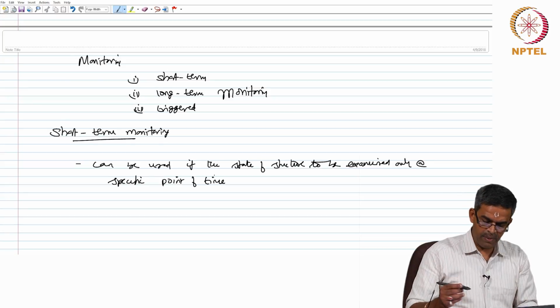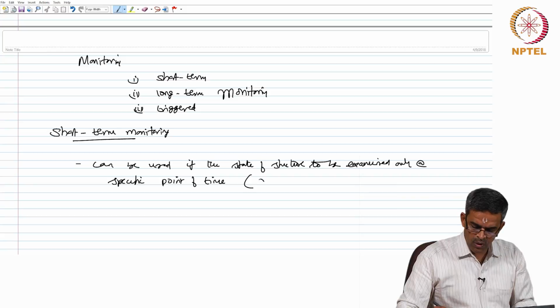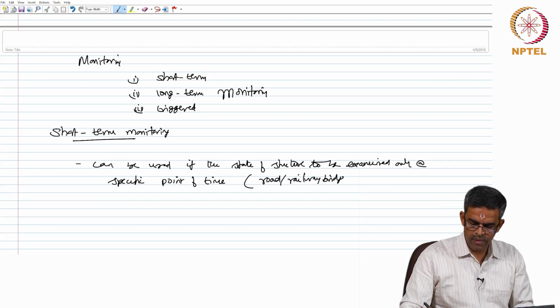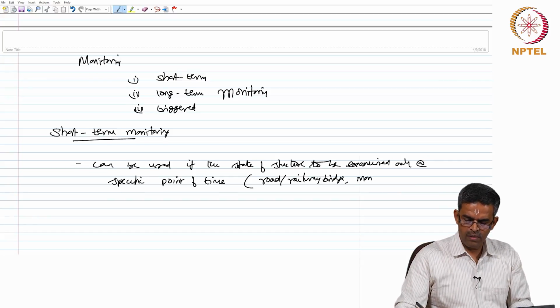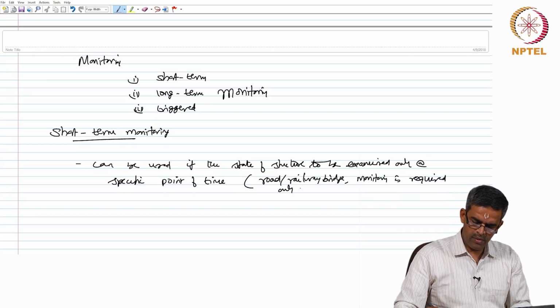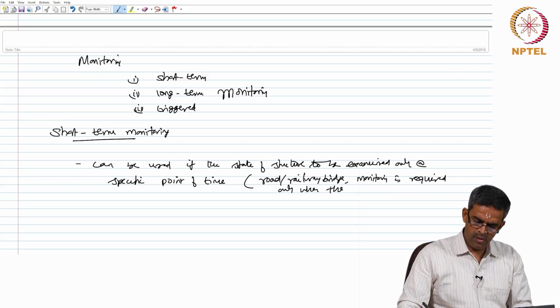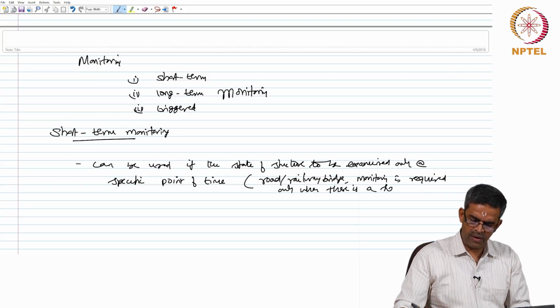I can give an example. If you are looking for a road or a railway bridge, then monitoring is required only when there is a heavy traffic.